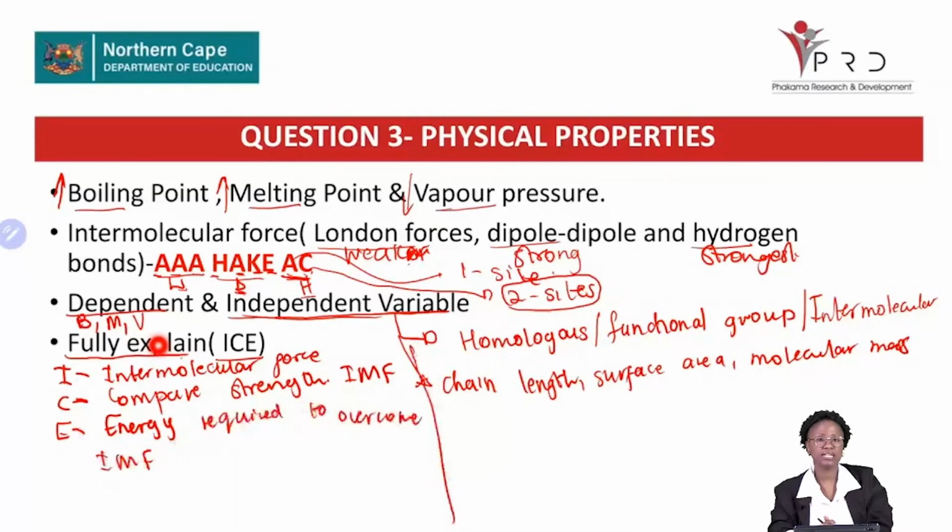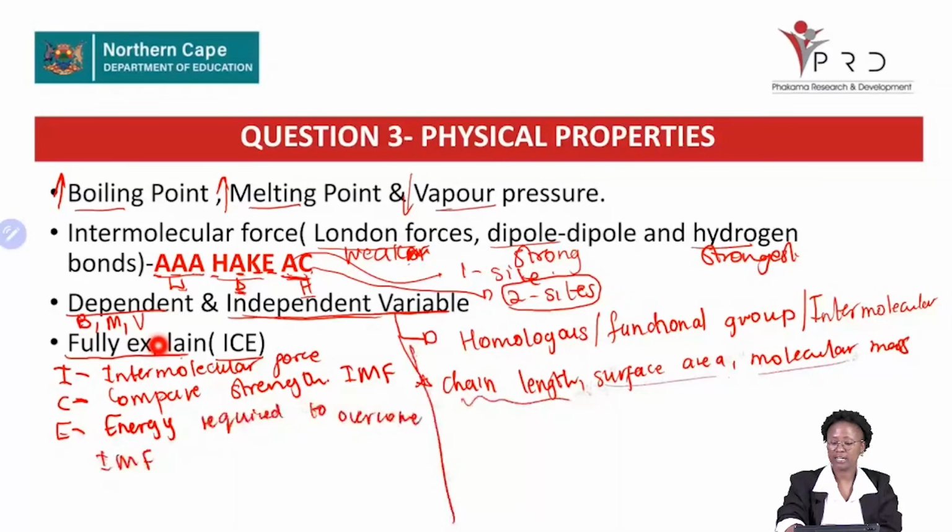Very much important. Then the next thing, you tell us if the boiling point is going to increase or decrease. All right, what is it that you must remember? The stronger the intermolecular force, the higher the boiling point. The longer the chain length, the strength of the intermolecular forces becomes stronger. The larger the surface area, the strength of the intermolecular forces becomes stronger. The greater the molecular mass, the strength of the intermolecular forces becomes stronger also. Right, I hope we are together there.